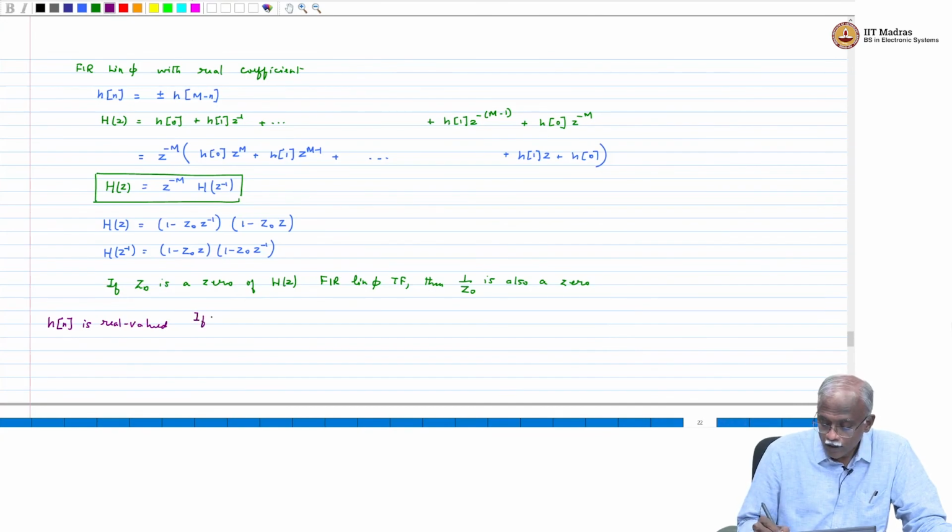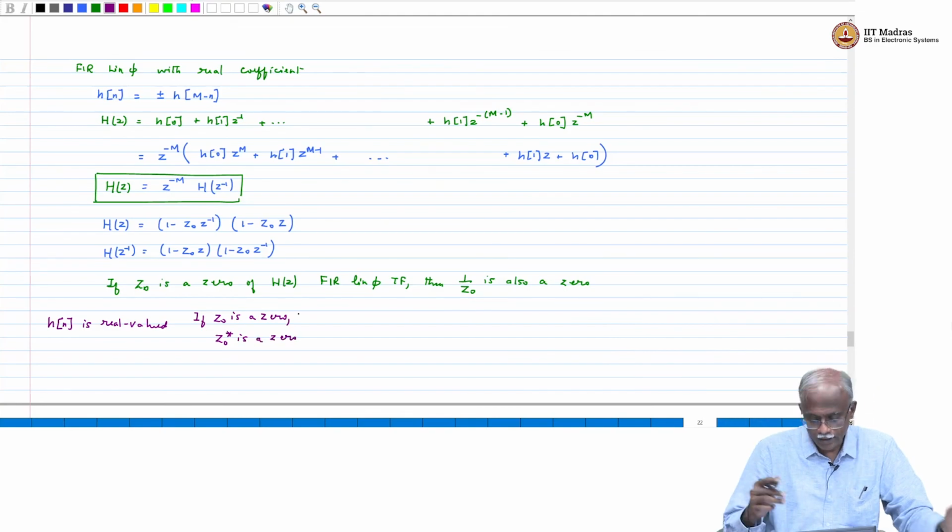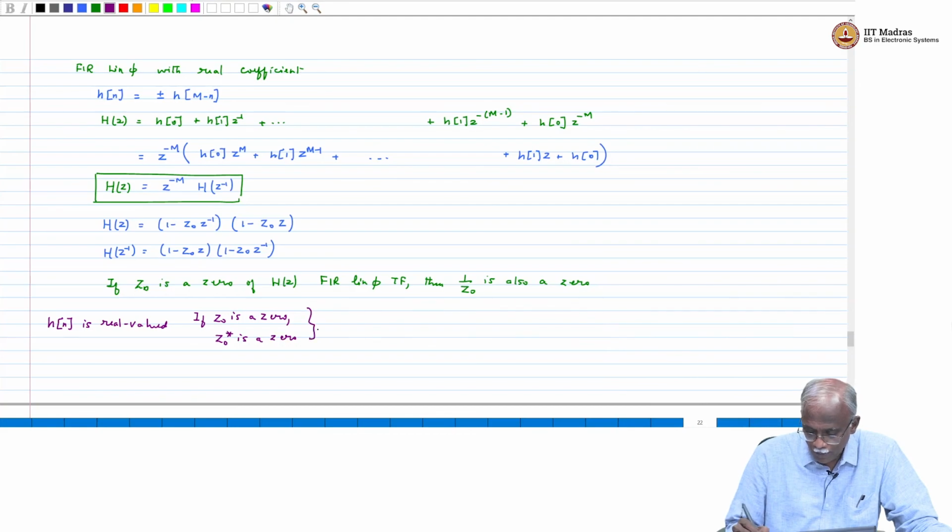So if z naught is a zero, then z naught conjugate is also a zero, because only then you will get real valued coefficients. And because it has the linear phase property, 1 by z naught will be a zero. 1 by z naught is a zero and 1 by z naught conjugate is a zero.